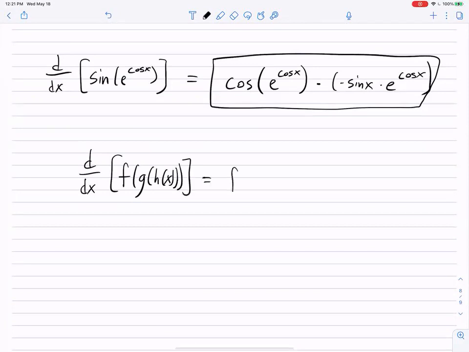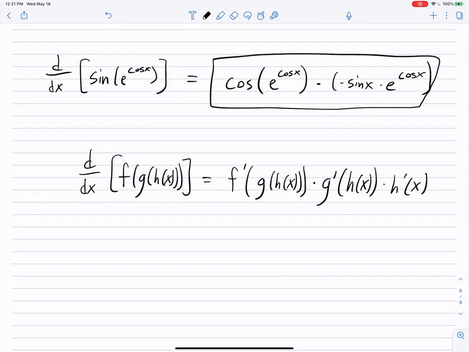You take the derivative of the outside function, f prime, evaluated at g of h of x, but then times the derivative of the inside function, and the derivative of the inside function is g prime of h of x, but then we need to take the derivative of the inside function again, times h prime of x. Because this is the derivative of g of h of x.